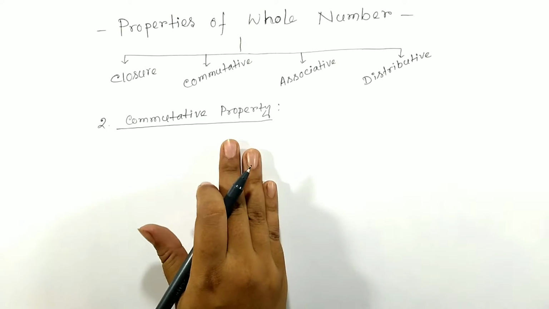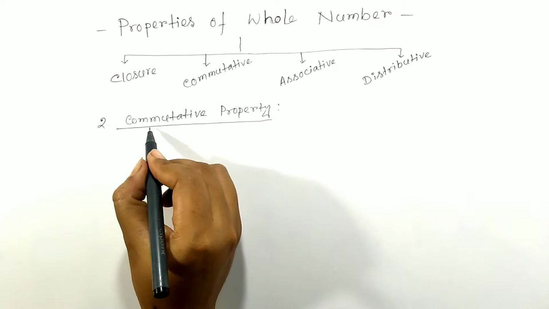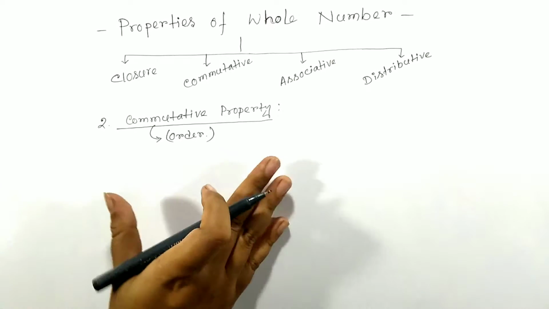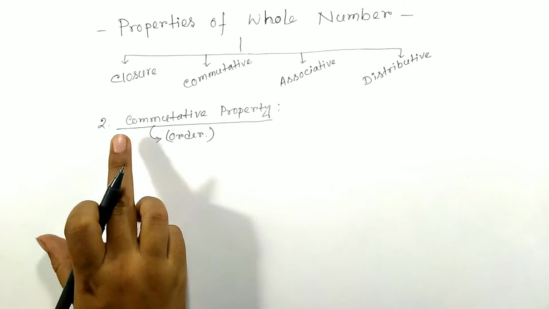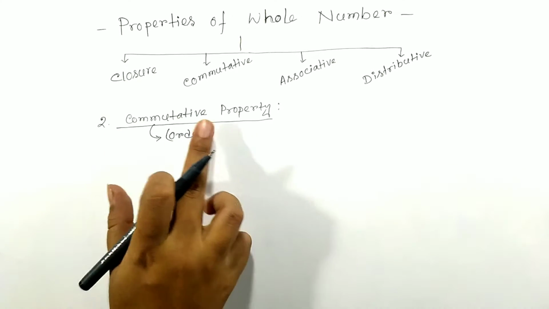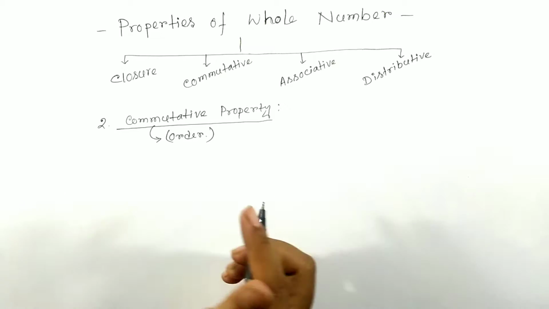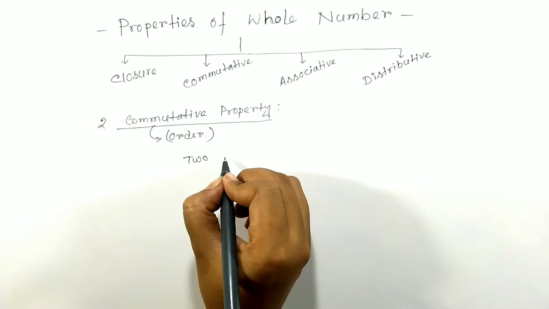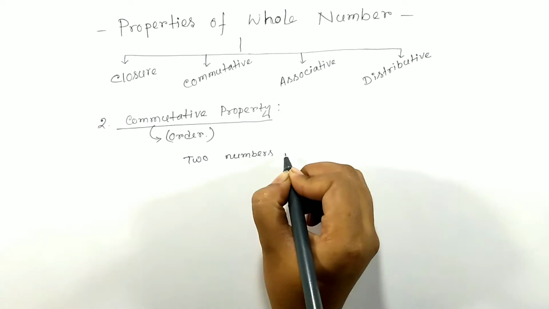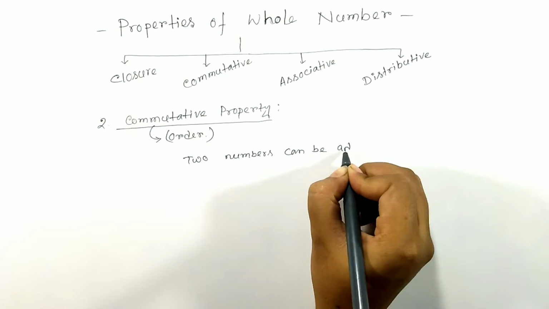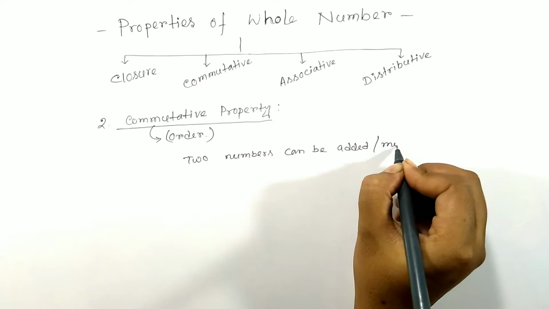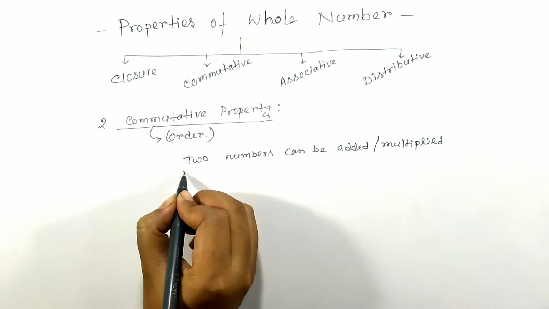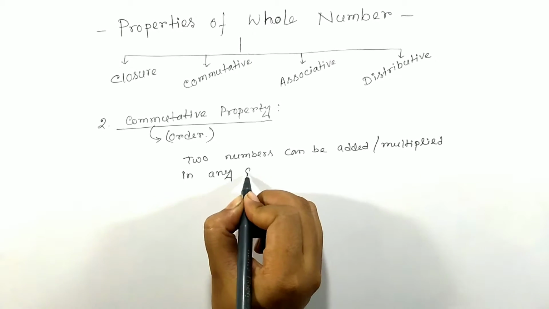Second property is commutative property. Remember the term related to commutative, that is order. Whenever it comes to the commutative property, it is related to some order. Commutative property states that two numbers can be added or multiplied in any order.